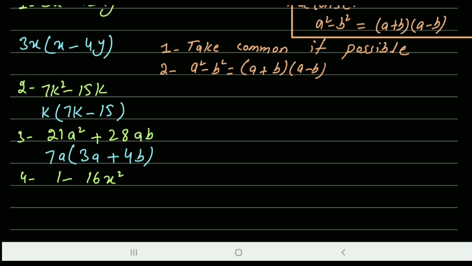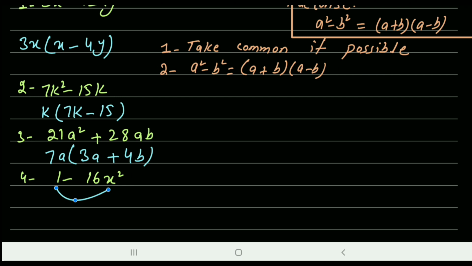We have to check if both numbers are square numbers or not. Yes, 1 is a square number and 16 is also a square number. Both numbers are square numbers and in between there should be a minus sign.